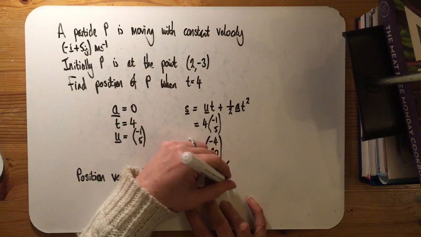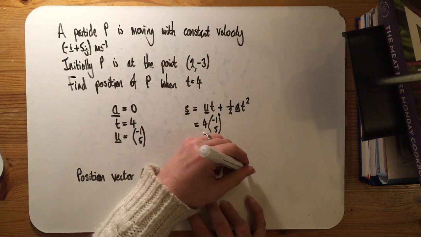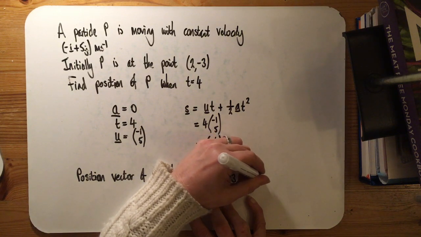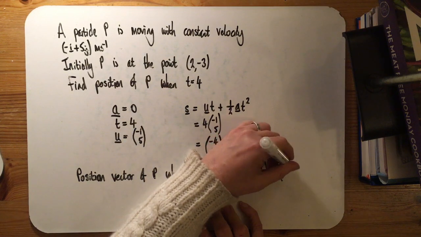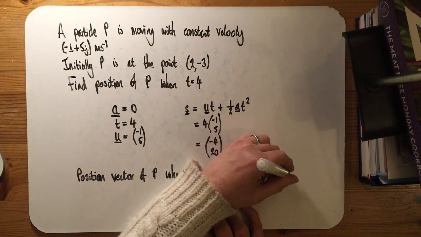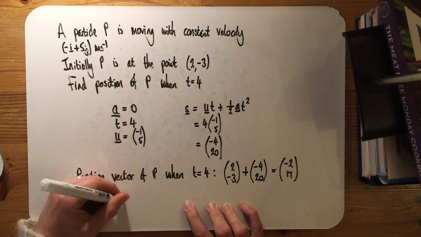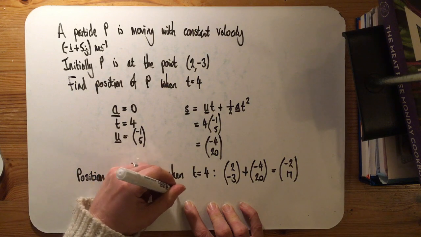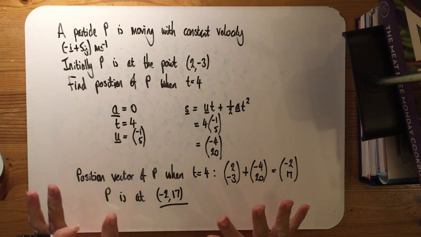So it's going to be (2, -3) plus (-4, 20), which is equal to (-2, 17). So P is at (-2, 17) as coordinates. So that's the first one.